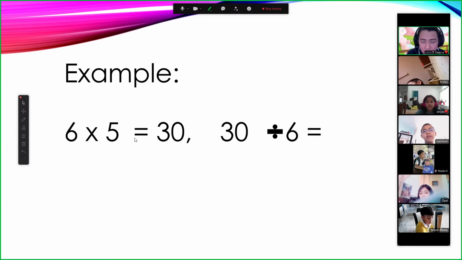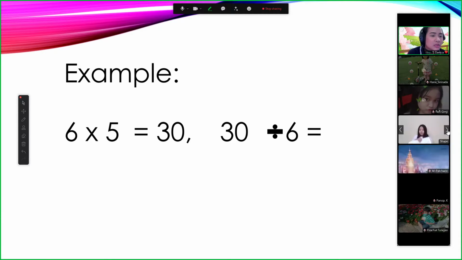This simple, how do you read this? Equals 30. Okay, again, I want you to practice reading the math sentence. How do you read it? 6 times 5 equals 30.